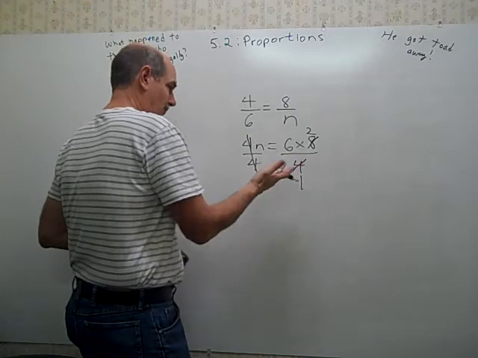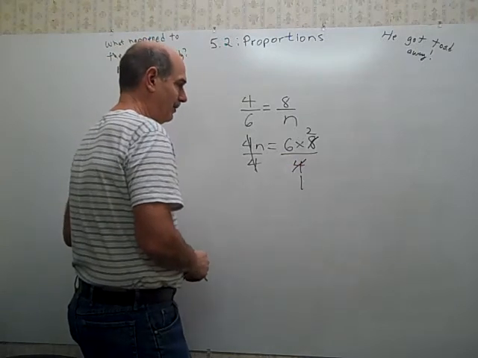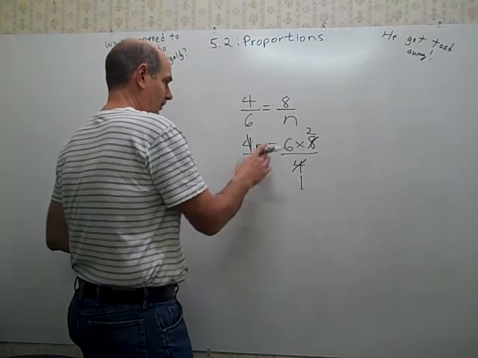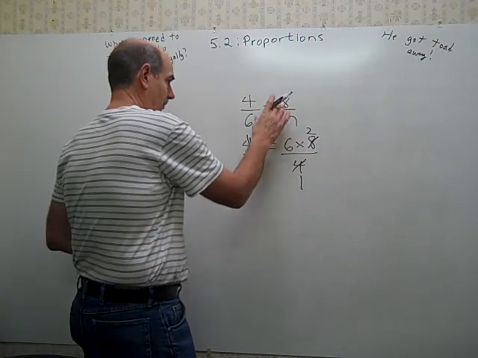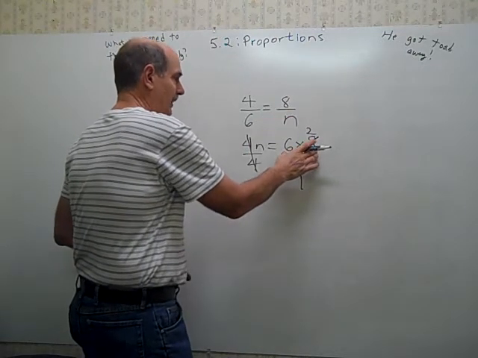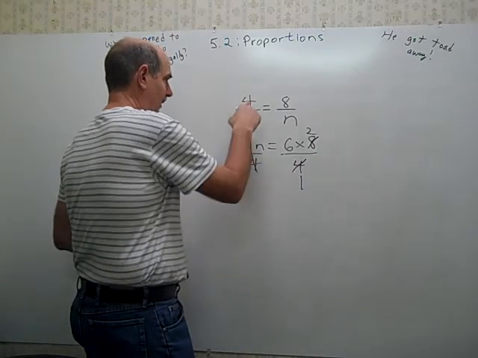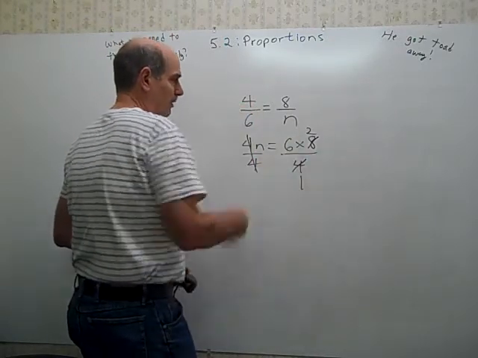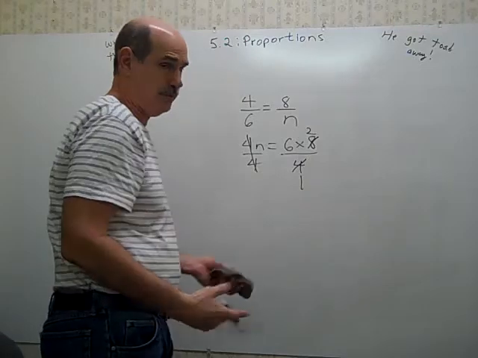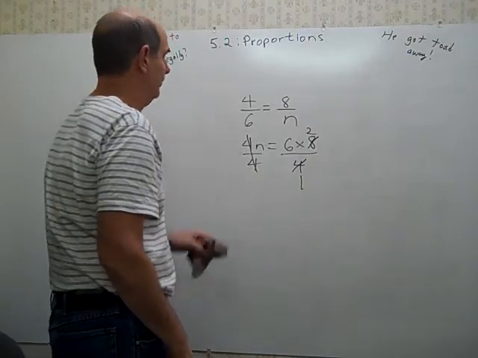So you didn't have to do 6 times 8 is 48, and 48 divided by 4 is 12. You just leave the product, express it as the product of these two numbers. It's often very convenient just to leave it that way, and then when you divide by this number here, you can sort of reduce your fraction before you multiply.